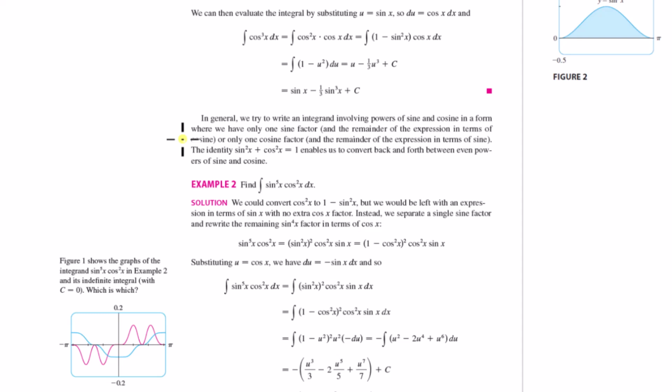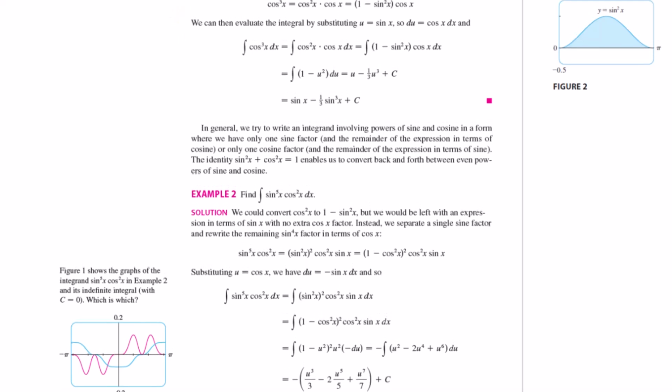So you want to separate the integrand into some function of just sine and then cosine x dx, or some function of just cosine and then sine x dx. That allows the substitution to work.